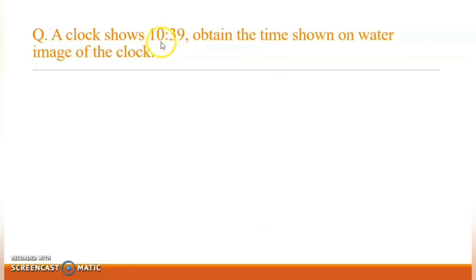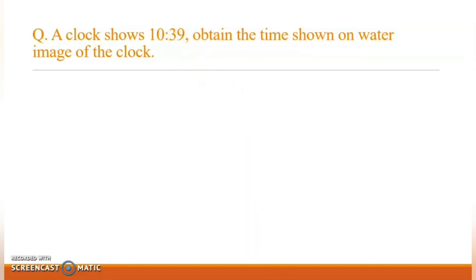The clock shows 39 minutes past 10. We are supposed to find the time shown by its water image. So here, the number of minutes in the real time crosses 30.